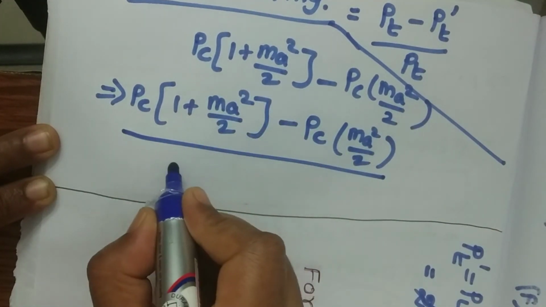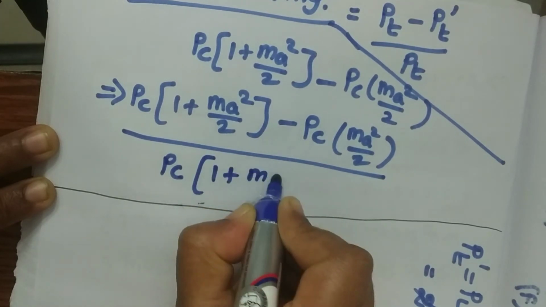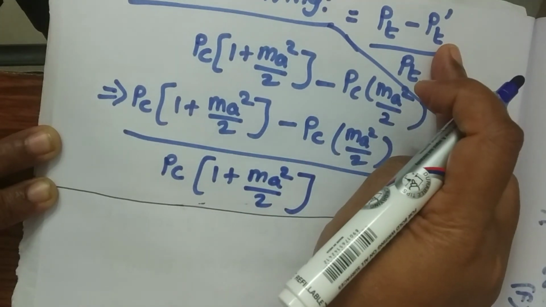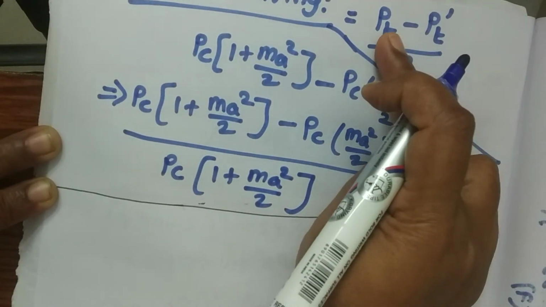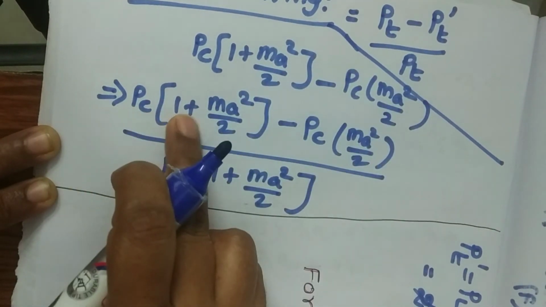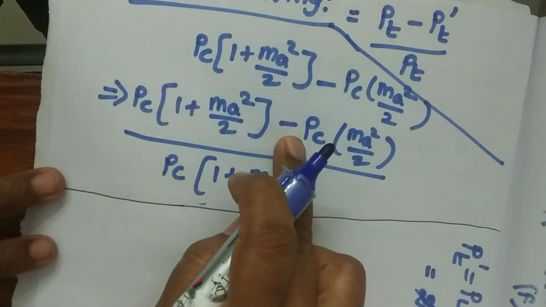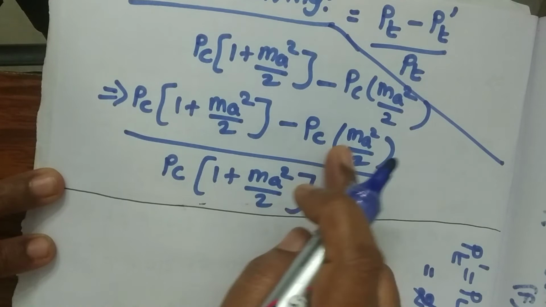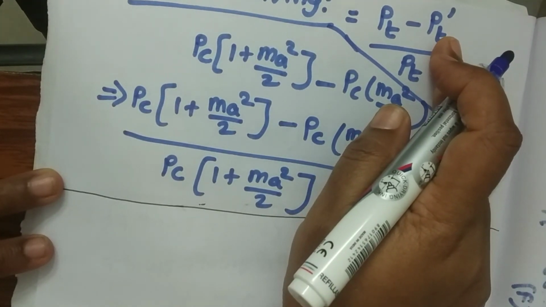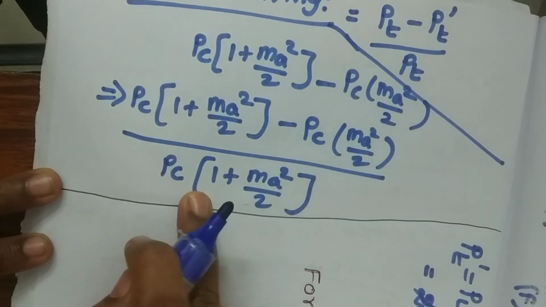total power is PC into 1 plus MA squared by 2, isn't it? Okay. So in this expression I am substituting all the values. Total power for traditional amplitude modulation is PC into 1 plus MA squared by 2, minus PC into MA squared by 2, the total power expression for double sideband suppressed carrier amplitude modulation, divided by the total power.